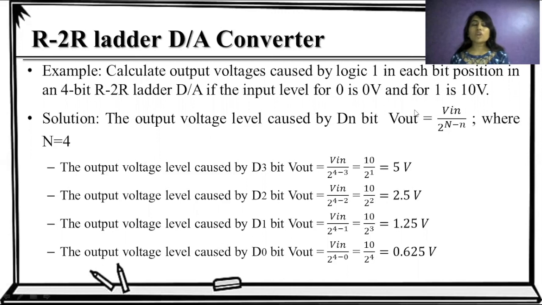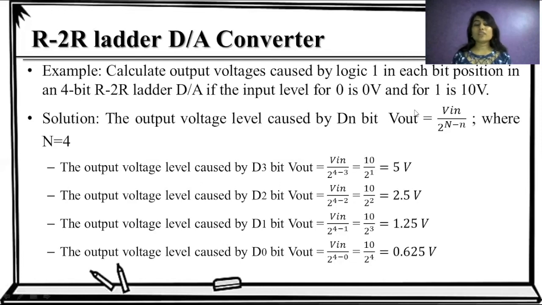Here we have only 4 bits, but we can also calculate for 8 bit or 16 bit by just changing these values. If we have an 8-bit R2R ladder D2A converter, then we have to calculate the output voltage level for D7, D6, D5, D4 and so on.